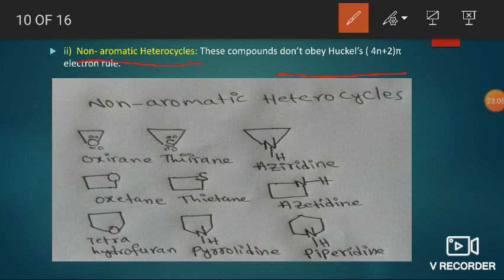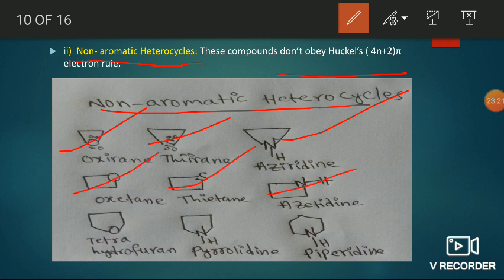There are many examples of non-aromatic compounds, for example oxirane, thiirane, aziridine, oxetane, thietane, azetidine, tetrahydrofuran, pyrrolidine, and piperidine. All these are saturated counterparts of aromatic heterocycles, and they don't show any aromatic nature.